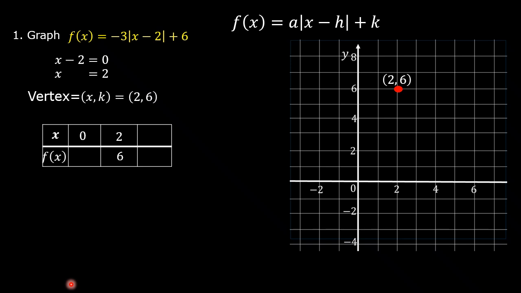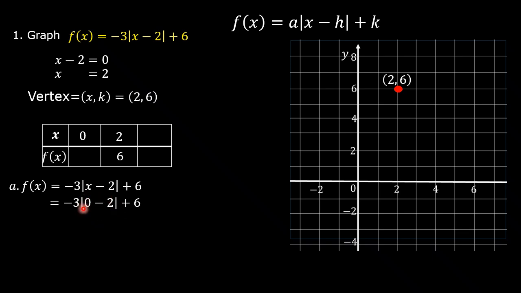Let us say when x is 0, this is less than 2. So f of x is equal to negative 3 times the absolute value of x minus 2 plus 6. We substitute 0 for x. So this is now equal to negative 3 times the absolute value of 0 minus 2 plus 6. 0 minus 2 is negative 2.